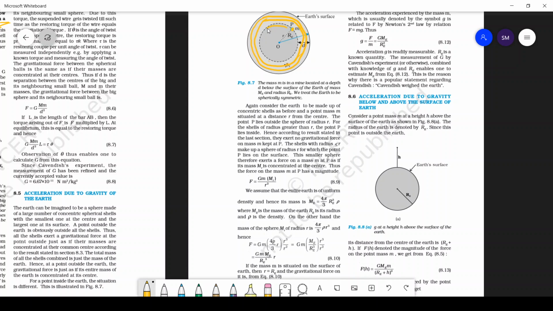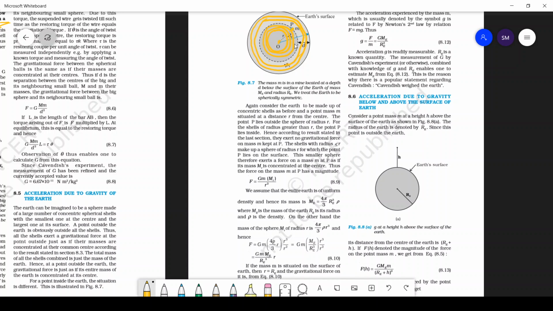And these are the inside concentric hollow spherical shells, and this mass M is outside these shells. So we assume that the mass of all these shells is concentrated at the center.